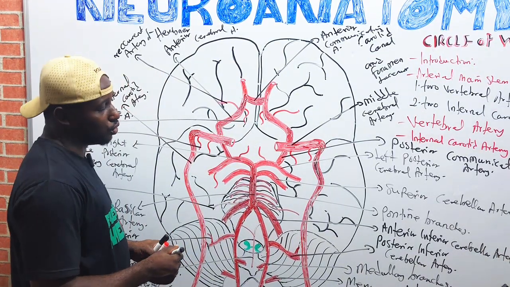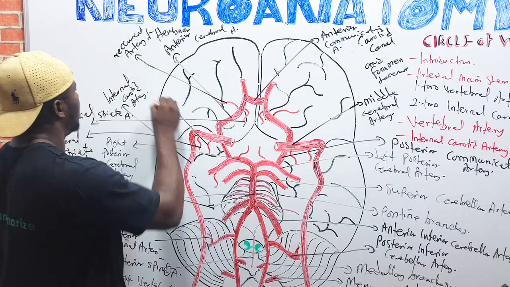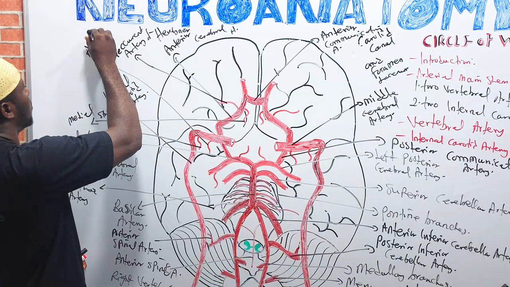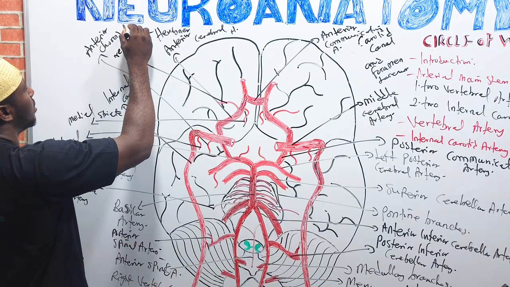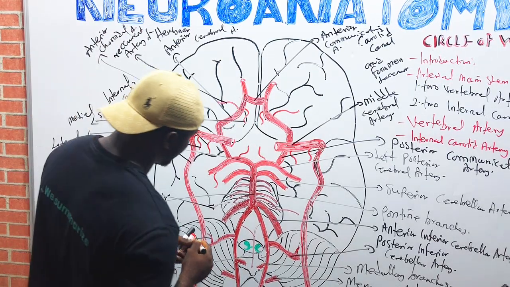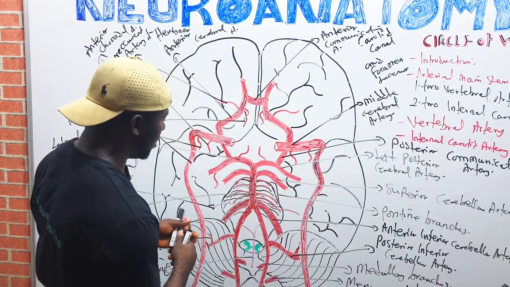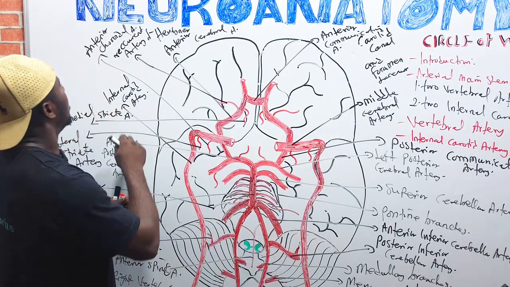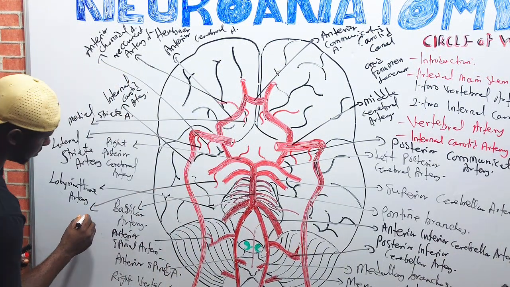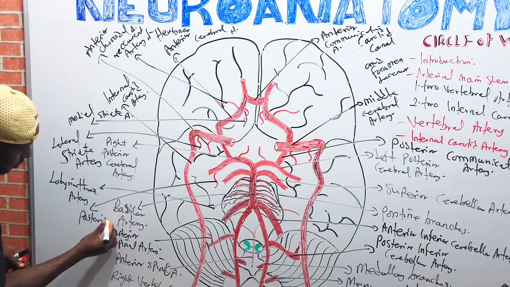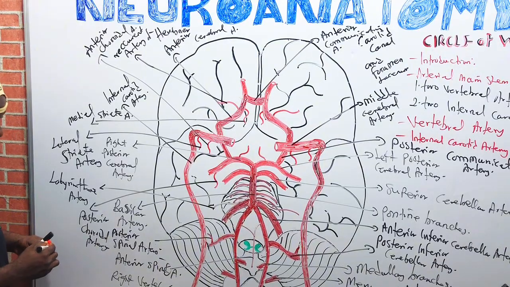It also gives rise to the anterior choroidal artery. While the posterior cerebral artery gives rise to the posterior choroidal artery.